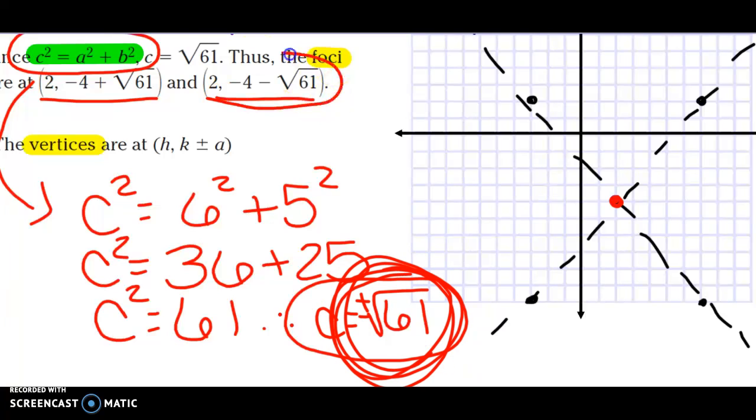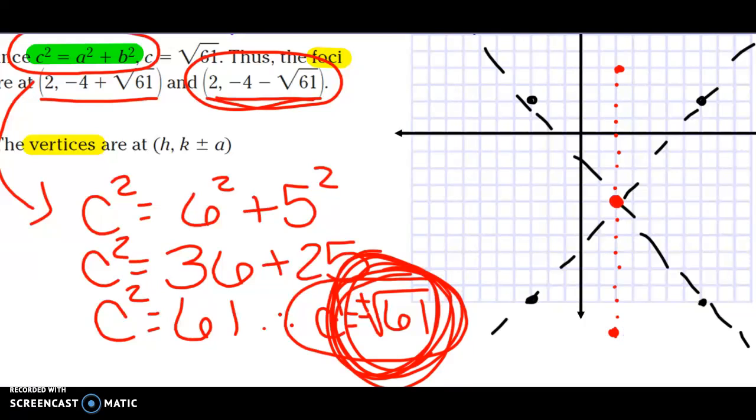This is the algebraic way of doing it. This is my way, which is graphing. Start at the center and go up and down square root of 61. All right, so square root of 61 is just a little bit less than 8. 1, 2, 3, 4, 5, 6, 7, not quite 8. And draw a dot. Same thing here. 1, 2, 3, 4, 5, 6. I'm going to pretend there's a 7 and a not quite 8 right there. And draw a dot. Okay?